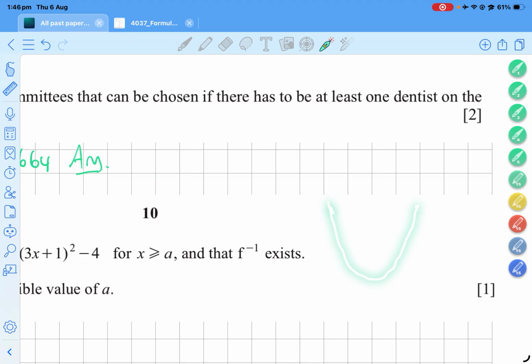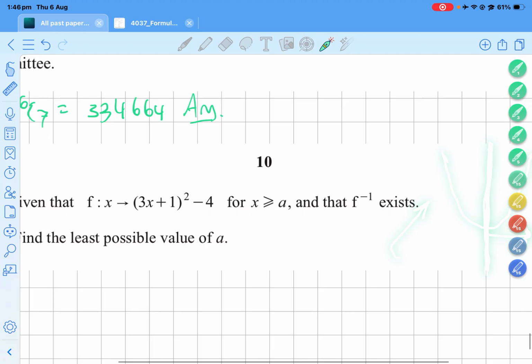This is where A is, the line of symmetry that breaks these two apart.